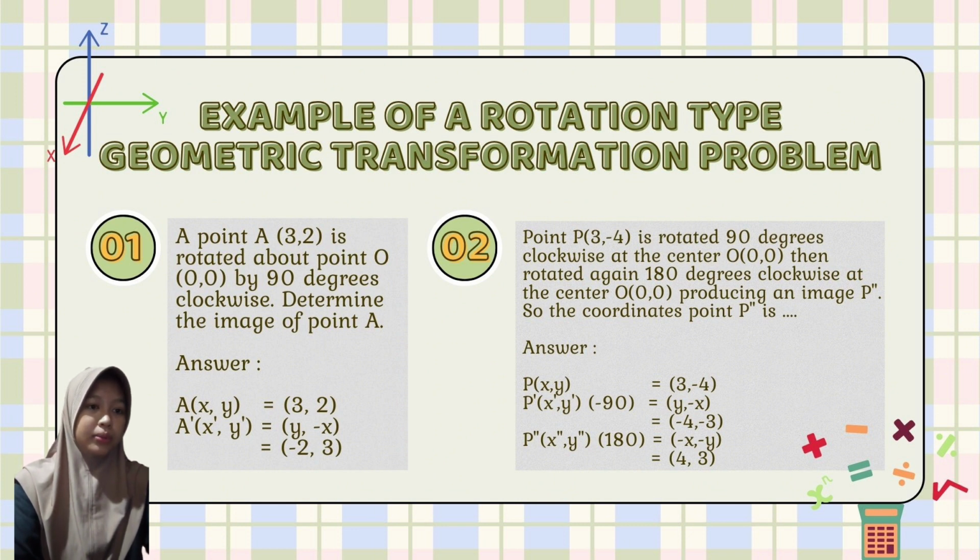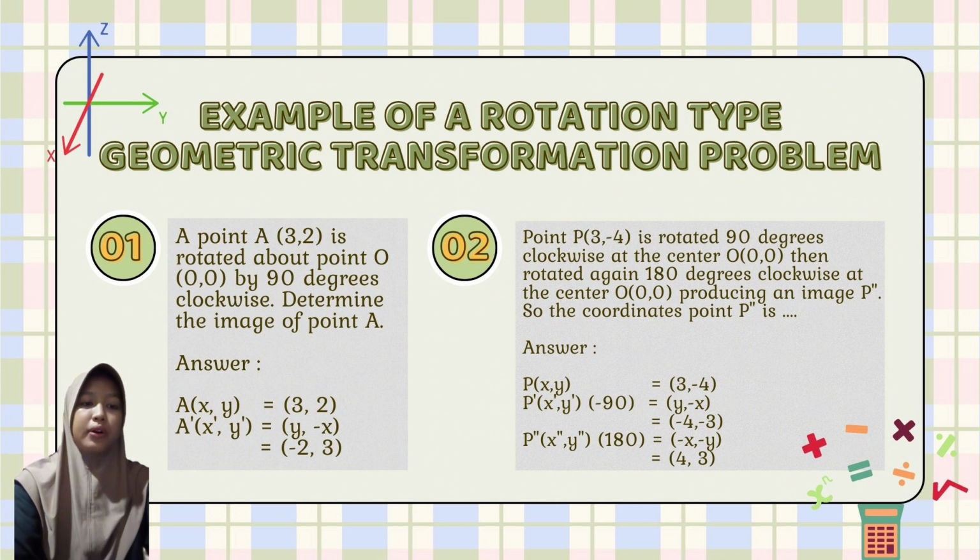For example, number 2, point P, 3, minus 4, is rotated 90 degrees clockwise at the center O, 0.0, then rotated again 180 degrees clockwise at the center O, 0.0, producing an image P. So the coordinate point P is, answer, P x, y equals 3, minus 4.